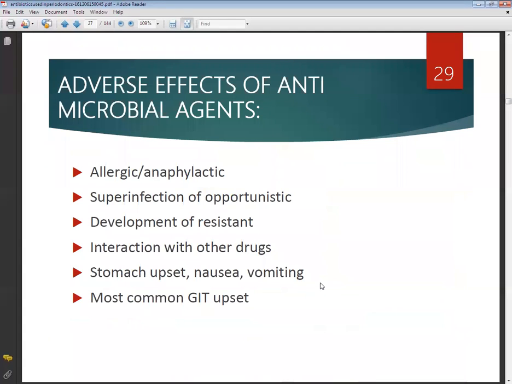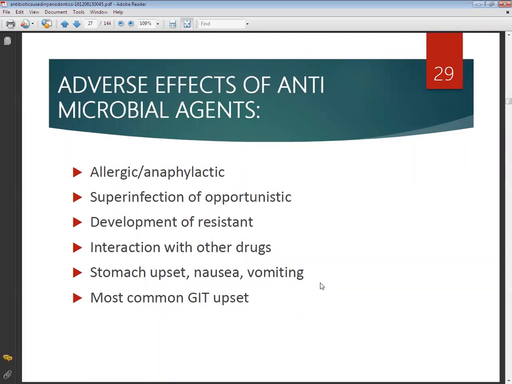Whenever you are using systemic antibiotics to treat periodontal disease, they may have some adverse effects. The first is that the patient may be allergic or may have anaphylactic shock.